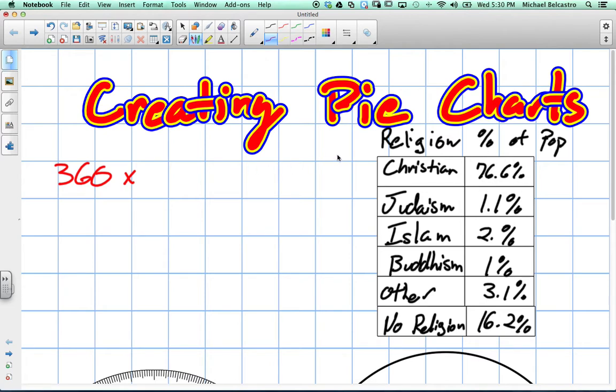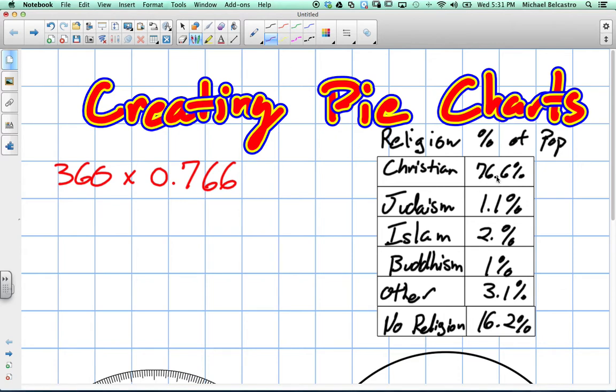What would it be as a decimal? We have to divide that number by 100. So what's 76.6 divided by 100? 0.766.